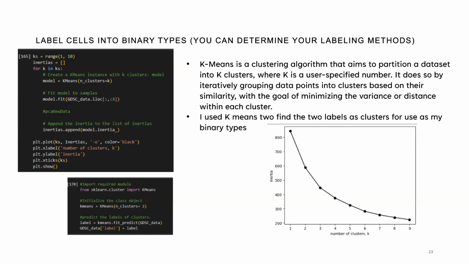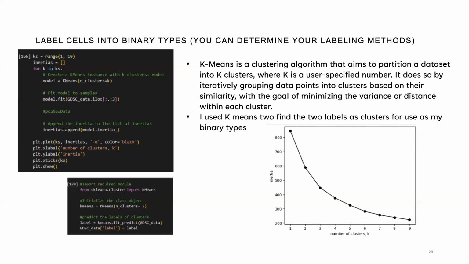To pick a good number of clusters, you can use the elbow method, where you see the point at which the improvement suddenly becomes smaller, and you know that number of clusters is probably good. What I would have picked from here is 2 or 3, and we can see that 2 is probably an effective number of clusters.